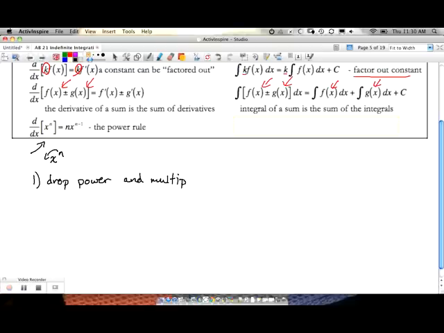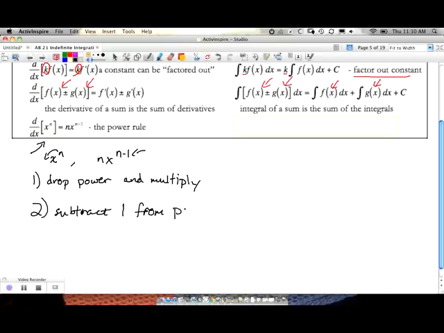The second thing that we do is subtract 1 from the power.